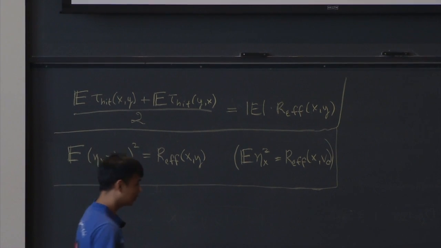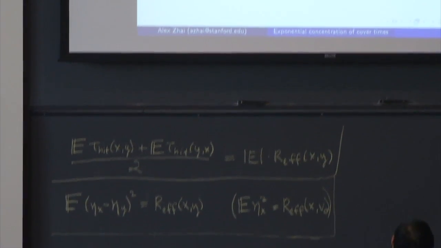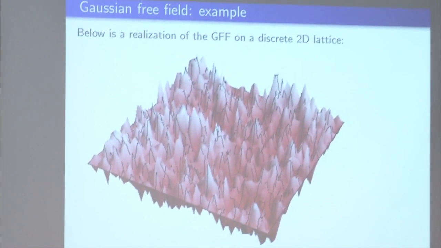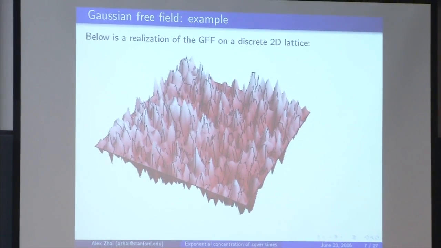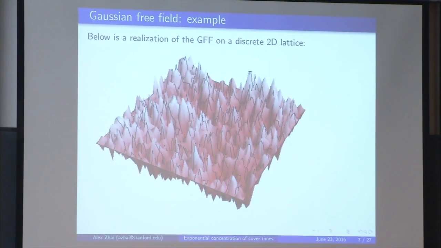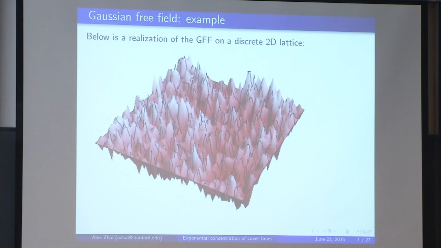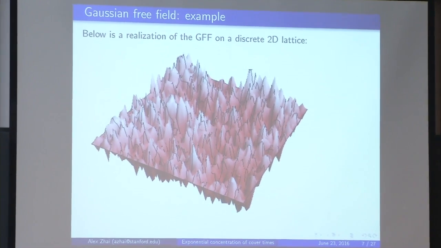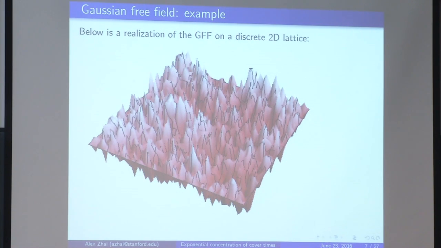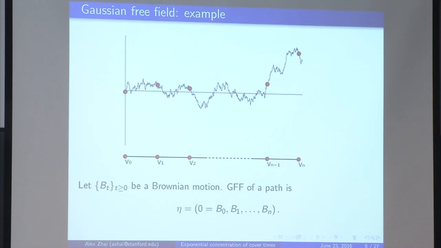Okay, so let me give you an example of a Gaussian free field. This is a graph of a realization of the Gaussian free field for the 2D lattice, just to give you some idea of what it might look like. Something that's going to be more important for our purposes is the Gaussian free field for a path specifically.